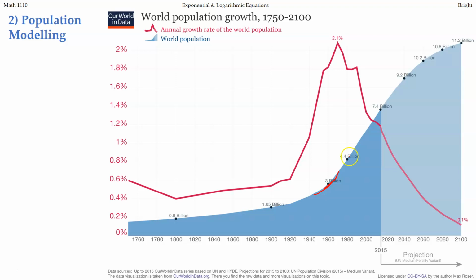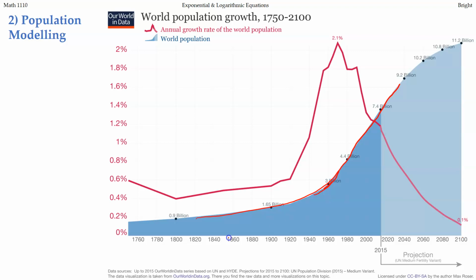And so you can see that exponential function pattern, where we're increasing quickly over time. And so then we can ask questions about this. Well, if we assume exponential growth, what will our population be? Or is this projection in the year 2100 accurate? Maybe, maybe not. Okay, so anyway, we can do population modeling.